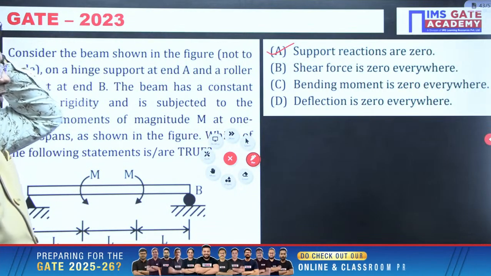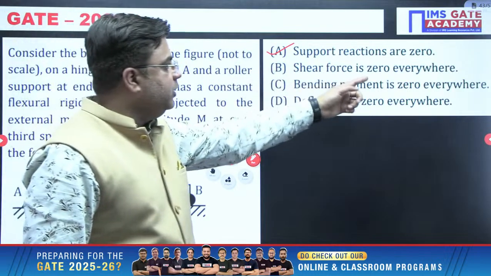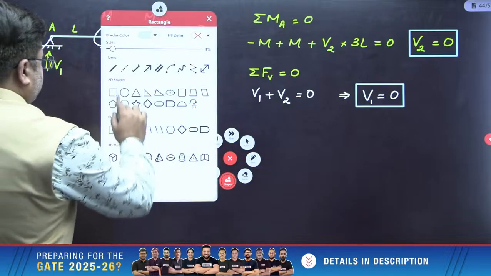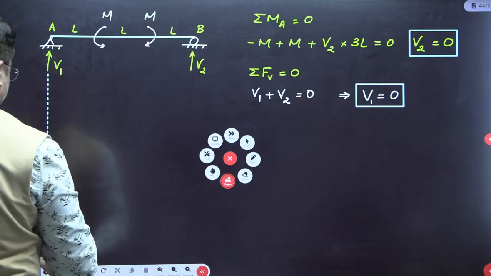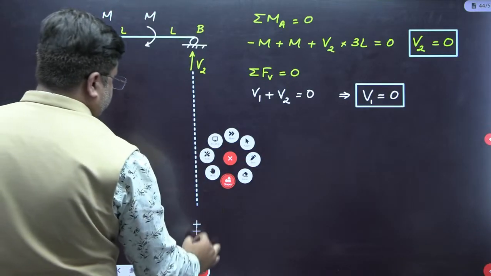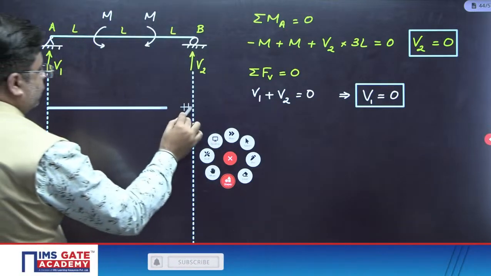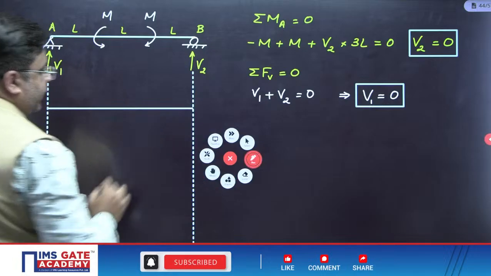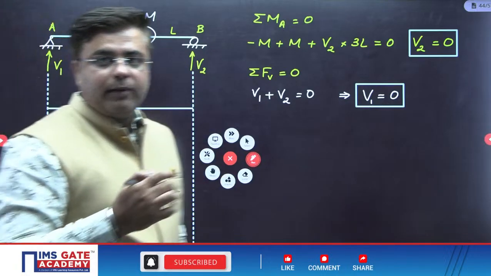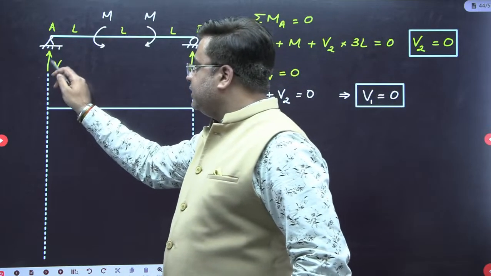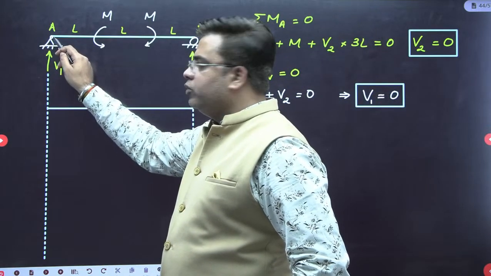Now the next statement says that shear force is 0 everywhere. Let's draw the shear force diagram. When you draw the shear force diagram, check this out. If a point load is acting upwards, at that point you need to move up. How much load is acting here? 0. So how much movement do I need to make? 0.